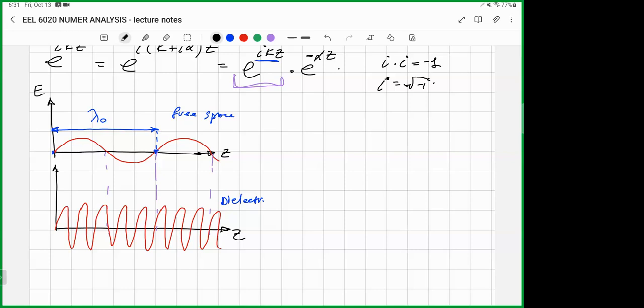Oscillations in space, not in time. Oscillation in time is described by the frequency. Oscillations in space are described by the k number. If you're talking about three-dimensional space and arbitrary propagation, then the k number is promoted to a k vector.